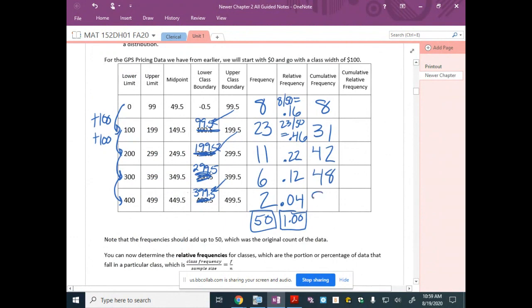And then this last one would have to be 50, which should be the original total. And cumulative relative frequency is basically just dividing all of the cumulative frequencies by 50, because there were 50 pieces of data.